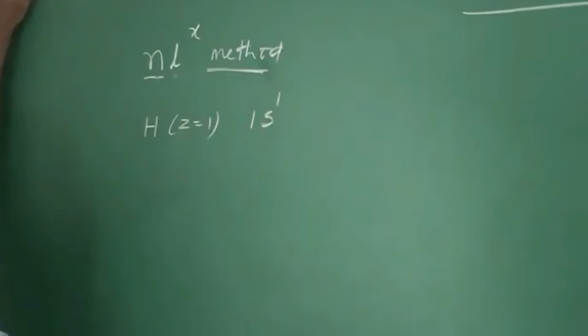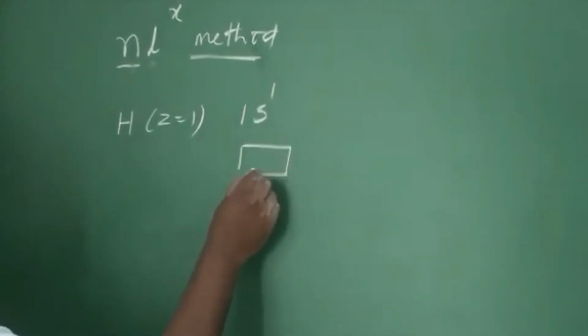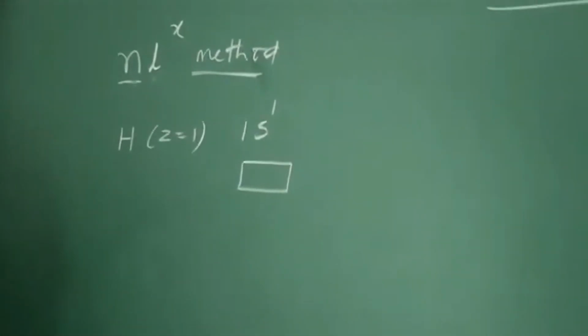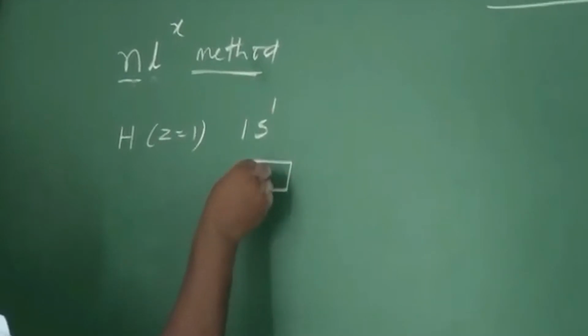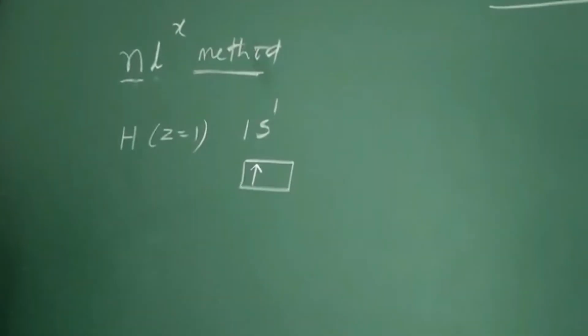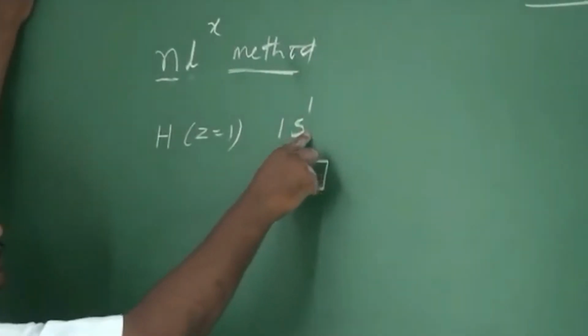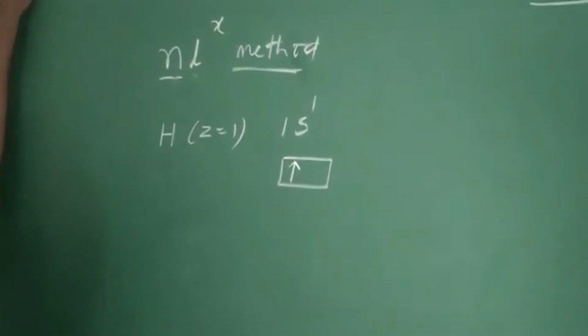So it is said to be 1s1. Now this electronic configuration can also be represented with boxes and arrows. This s orbital can be represented with one box like this, and this electron will be represented like this. These are the two methods: this is the nlx method and this is the boxes and arrows method.